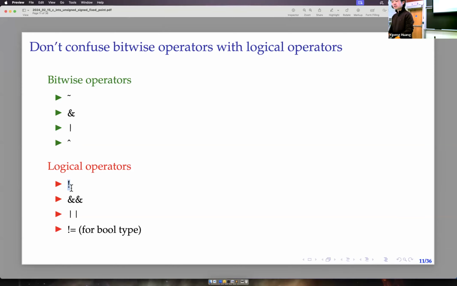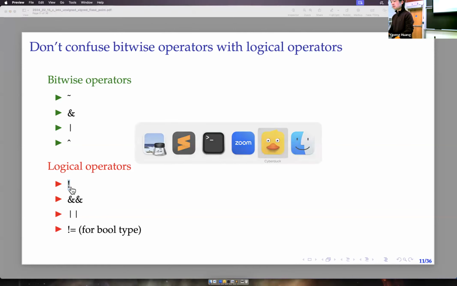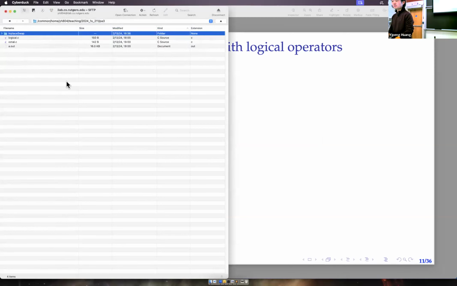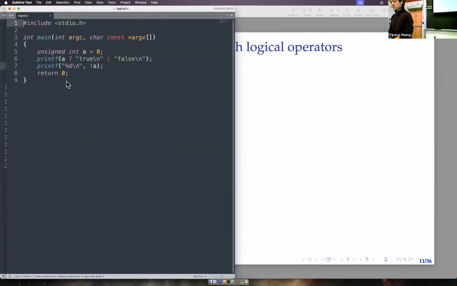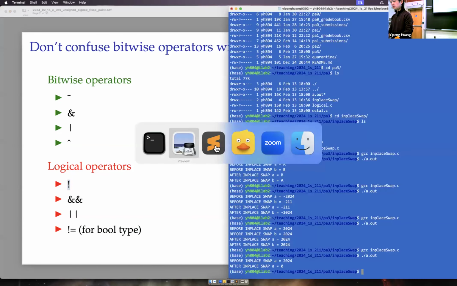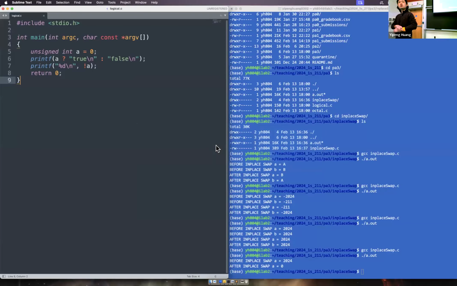So when you see this character, the exclamation point, what does that usually mean? Not, right? So what can you apply not to? To bools.